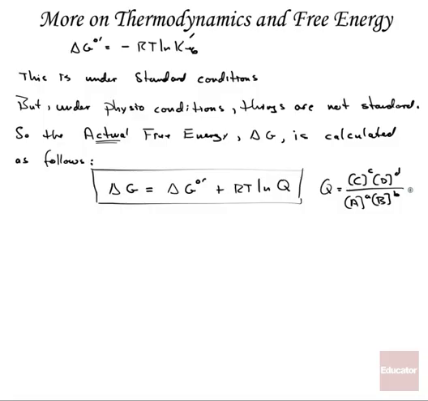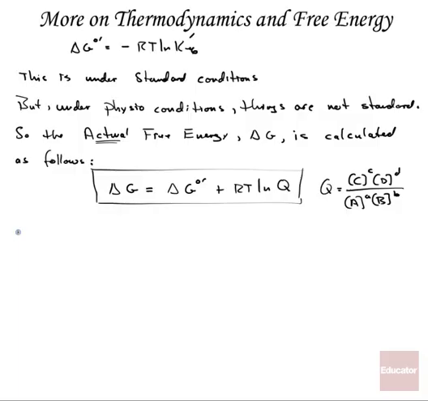The KEQ is a measure of the concentrations at equilibrium. It's characteristic for that reaction at a given temperature. But Q is at any given moment. So that's how we calculate the free energy for any given set of circumstances.